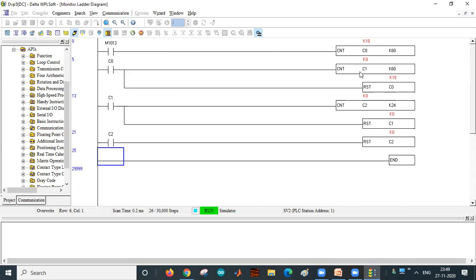So the C1 value will be incremented by 1 and the C0 value has to reset to 0. See whether it happens or not. Wait for 30 seconds more.